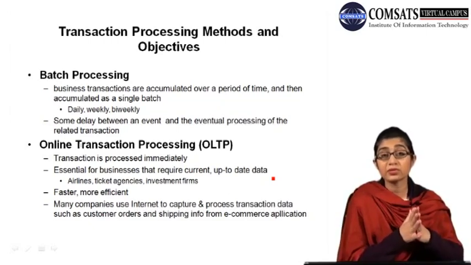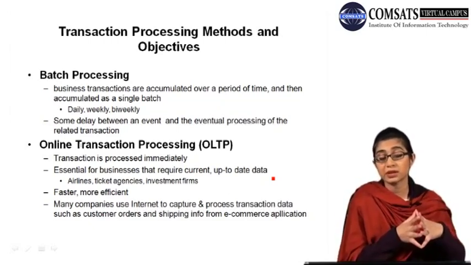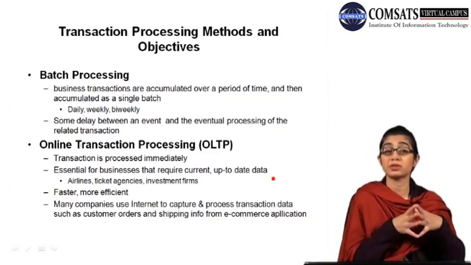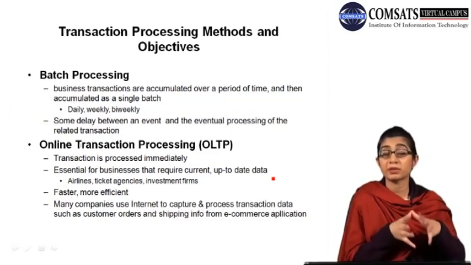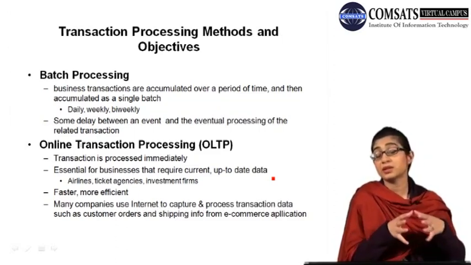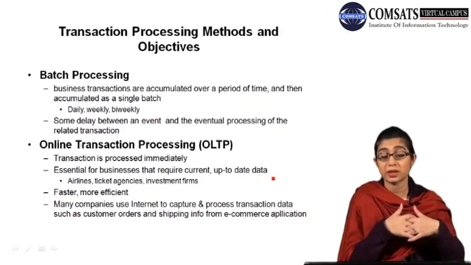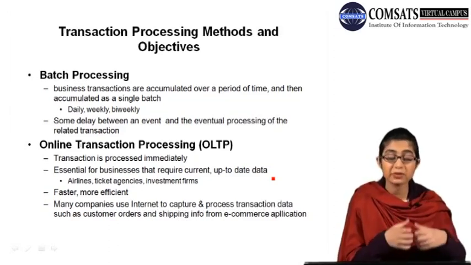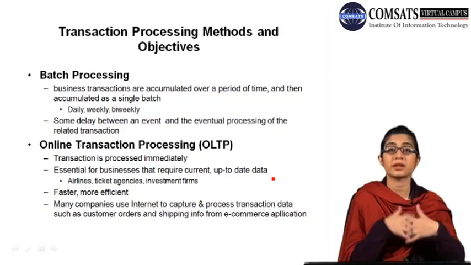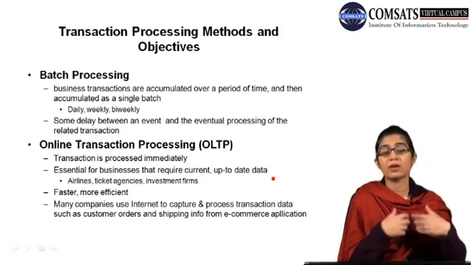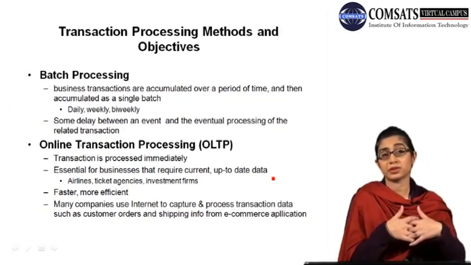So many companies use the internet to capture and process transaction data such as customer orders and shipping information from e-commerce applications. So usually when you are capturing the data in an e-commerce application, that is happening with the help of online transaction processing. That means as soon as the data is entered, it is processed and it is stored, or some kind of output is generated.